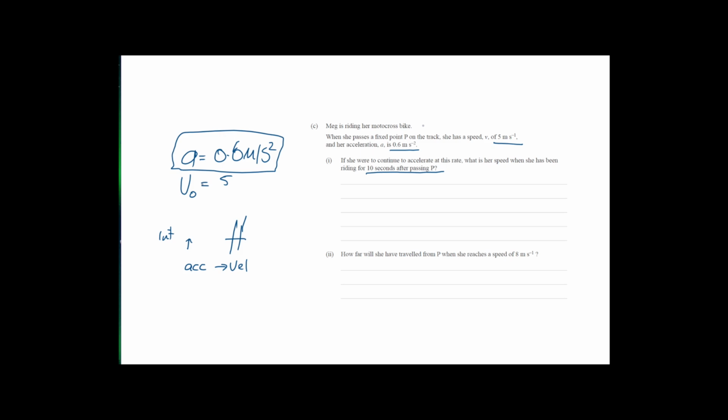Her acceleration is 0.6. We can ignore the units in this case. When we integrate that with respect to time, we get 0.6t, and that's going to be equal to v plus c. Plus c is going to be 5, because that's the initial condition. So when we integrate acceleration with respect to time, we get a velocity with respect to time plus the initial velocity.